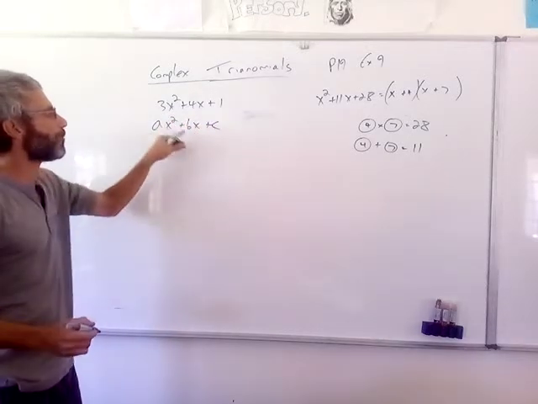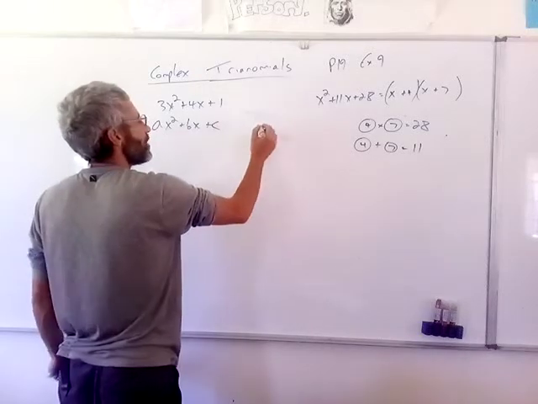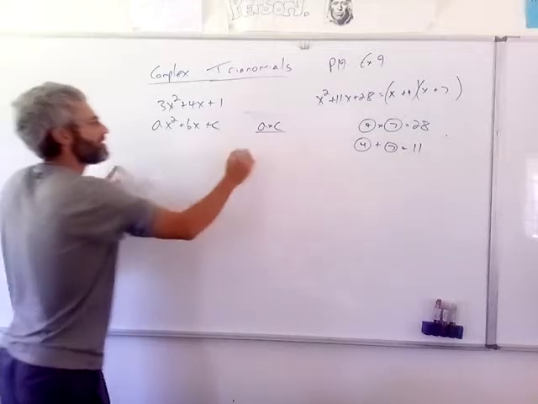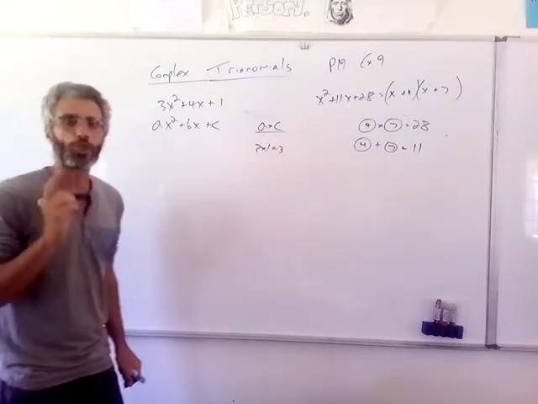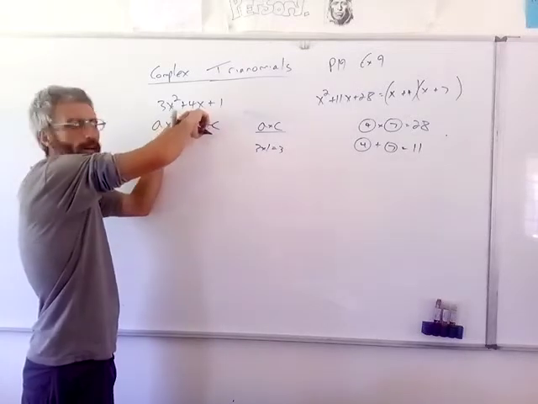A could be a number, b could be a number, and c could be a number. We're going to look at two numbers that multiply to a times c. So in this case, 3 times 1, in other words 3. We're looking for two factors of 3 that will then add up to 4.